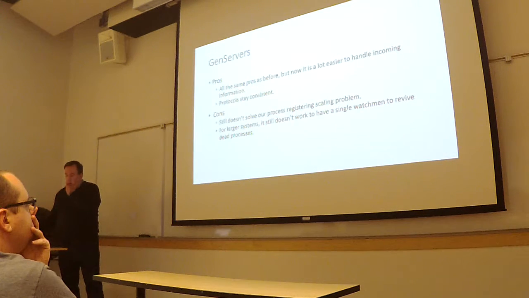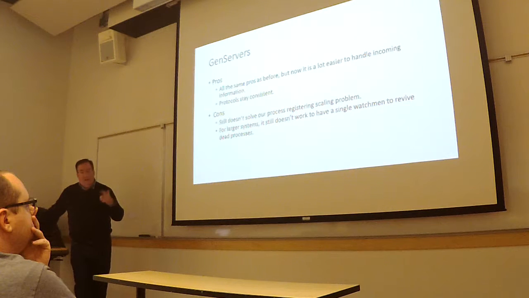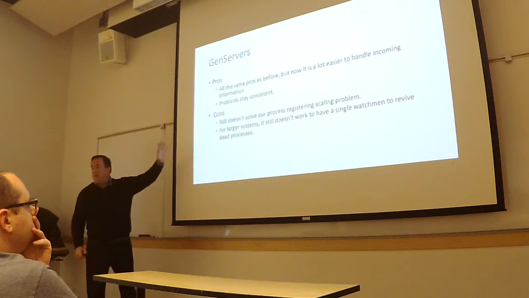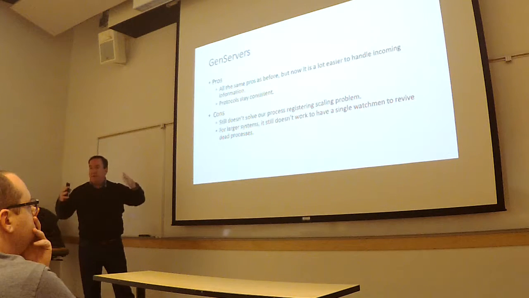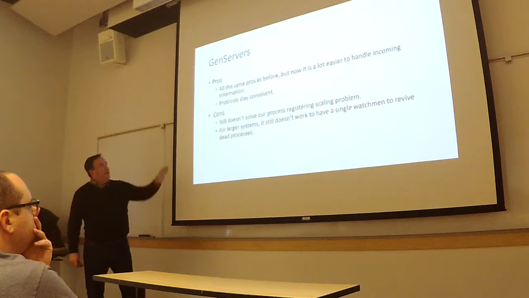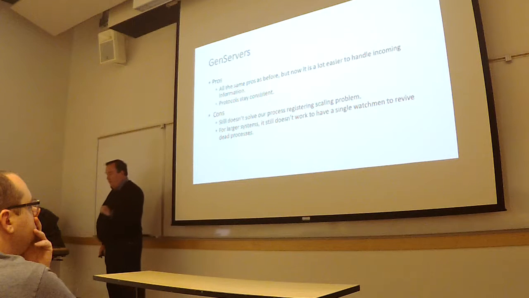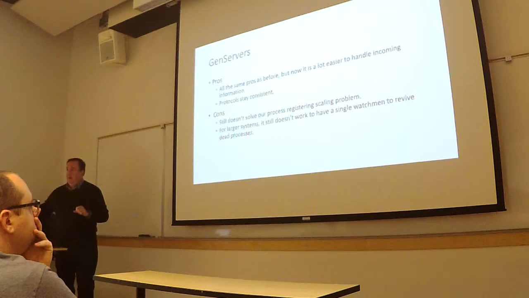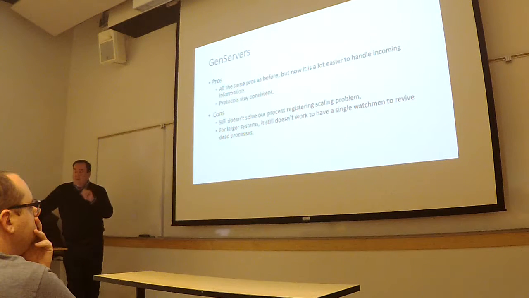So all the same pros as before about looking up things, about having supervisors. The protocols always stay consistent, which is nice because you're using these libraries. Here are the cons though. It doesn't handle the scaling problem yet, but it builds into that framework the keys for building scalable processes.